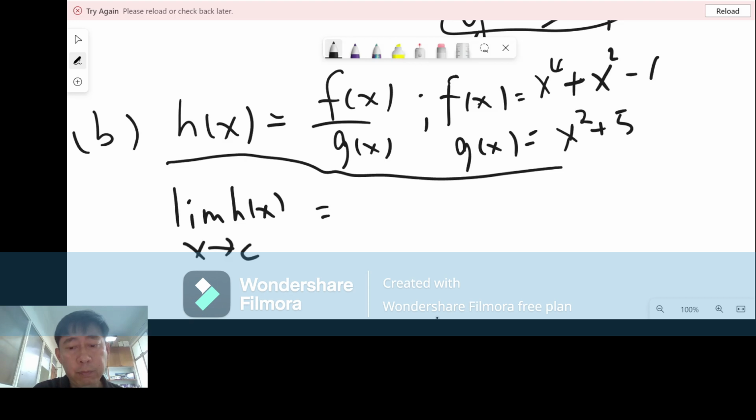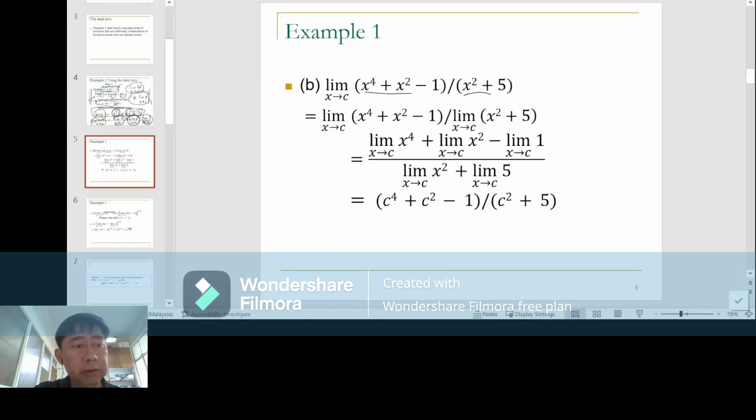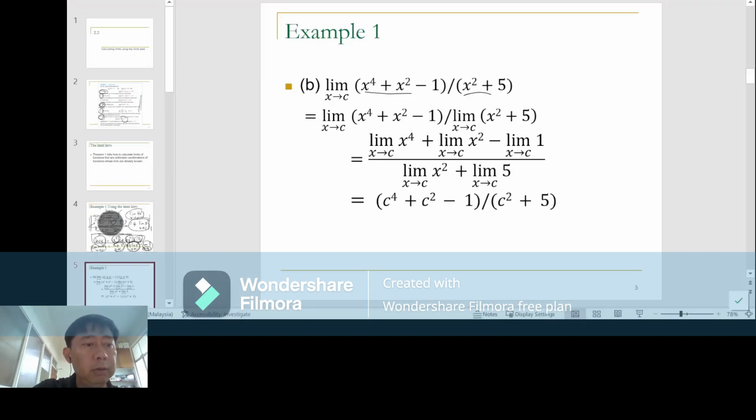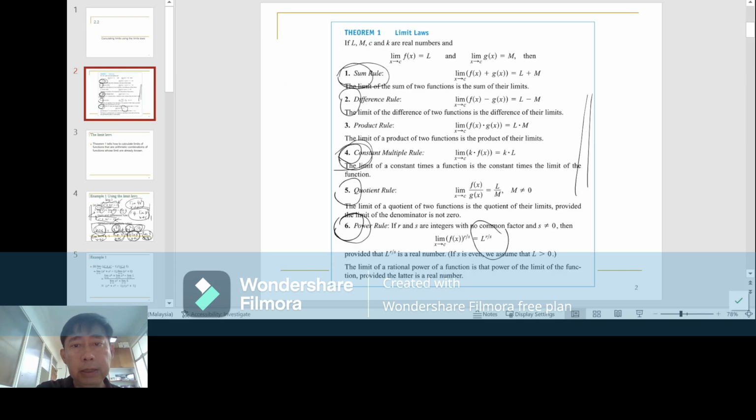So before you proceed on, just try to realize that h is the ratio of two functions. Therefore, the first step to proceed is to first consult the theorem. So here the theorem to be consulted is the quotient rule.